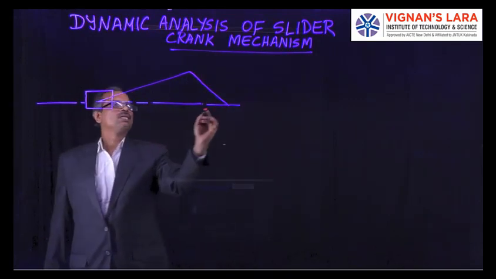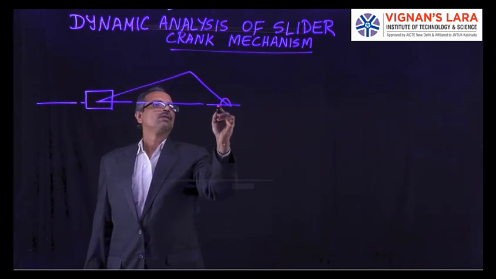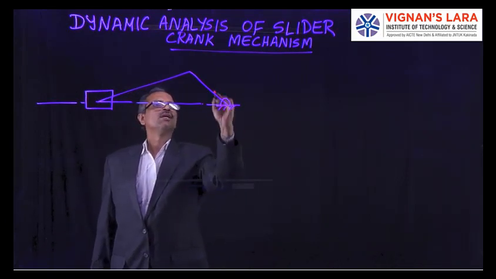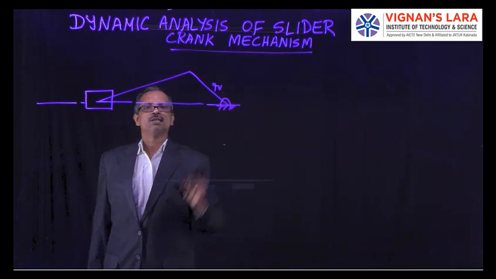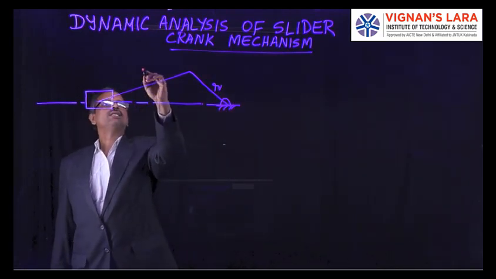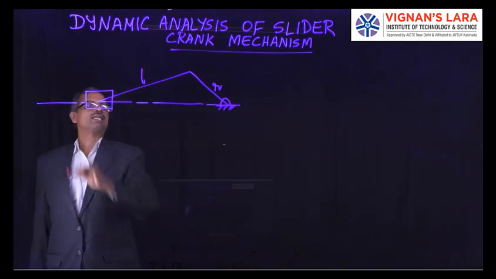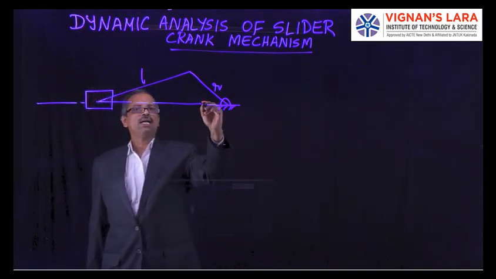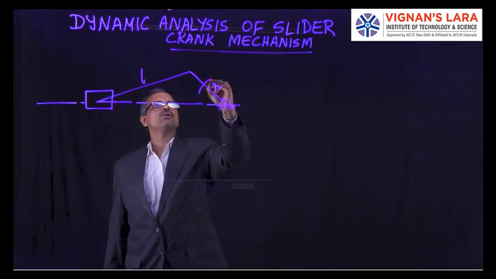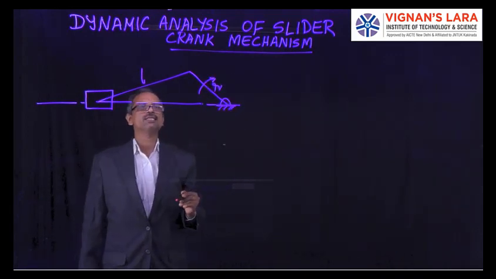So this is the crank with a radius of R, and this is the connecting rod with a length of L, and this is the slider. Okay, and let me assume this is rotating clockwise.